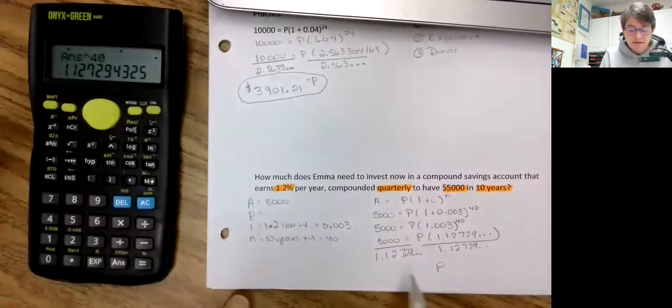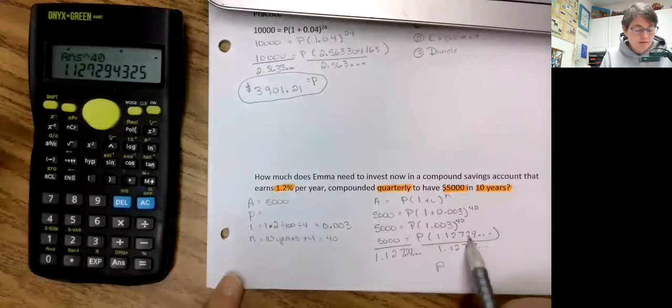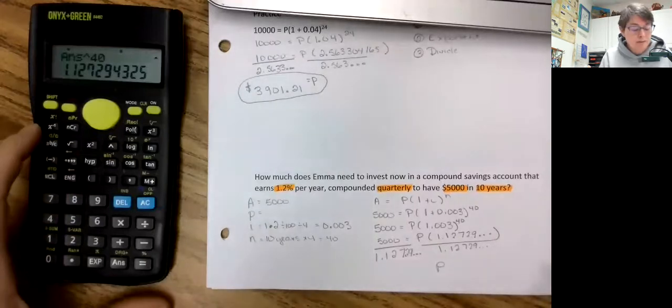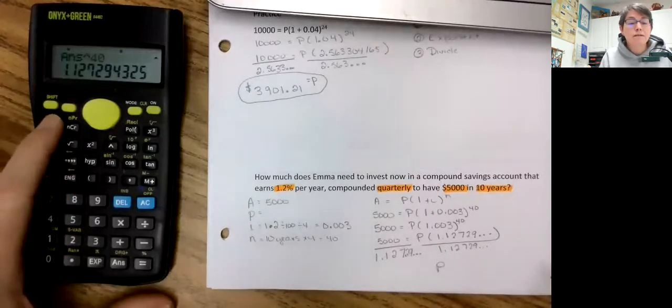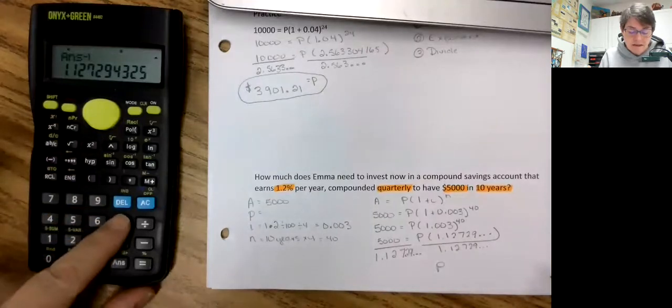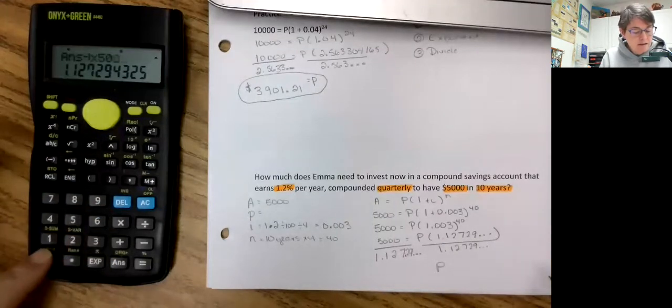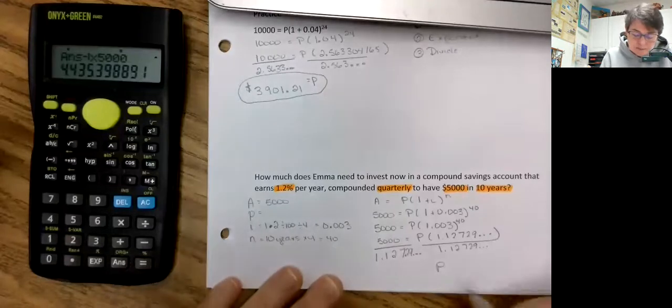Okay, so again, I take this one, and then I'm just going to use that 1 over button, x to the minus 1, and then times 5,000. And there we go.